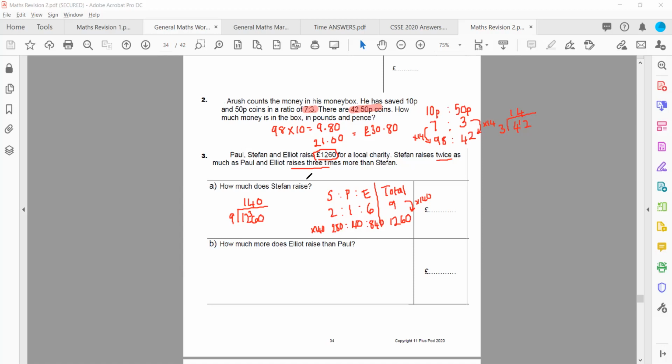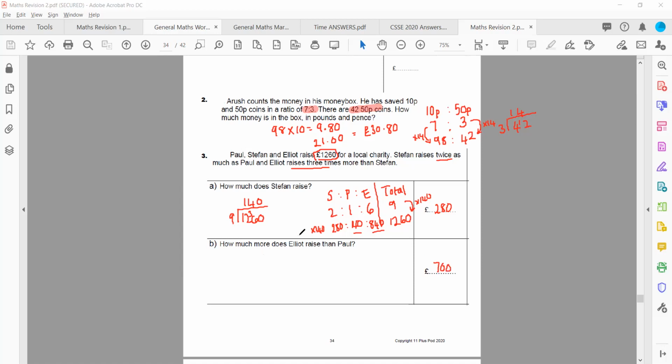How much does Stefan raise? Well, Stefan raises £280. And part B is asking, how much more does Elliot raise than Paul? And Paul raises 140, Elliot raises 840. So you can subtract those from each other, and that will leave you with £700.